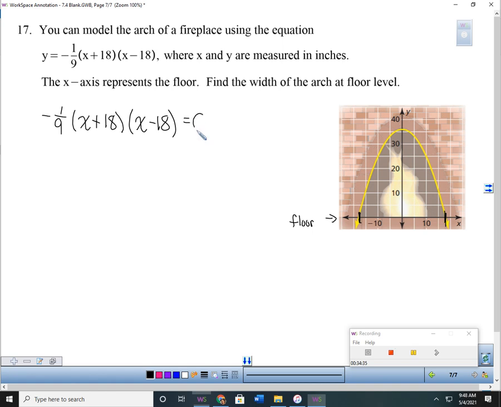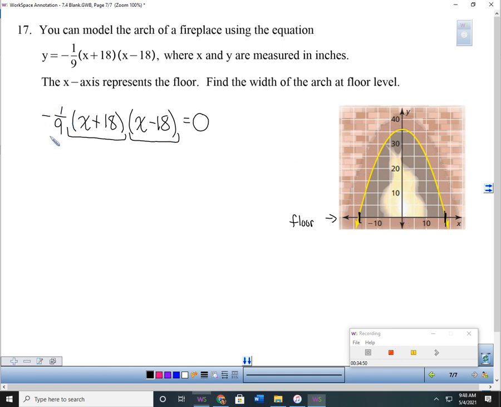Nothing. I'm sitting on the floor, right? So my y value, the distance above the floor, would be 0, correct? Which means that these factors with the x's represent your distance from here. I want to say that one more time. These factors right here, when I solve for them, represent my distance from the origin.